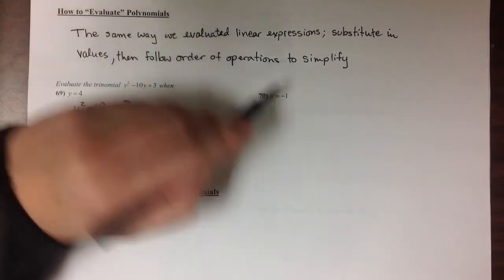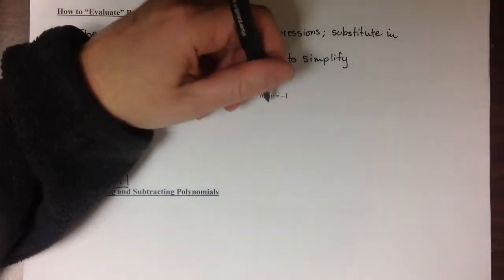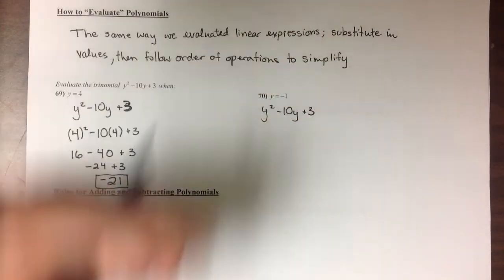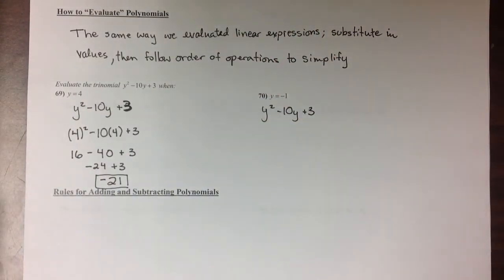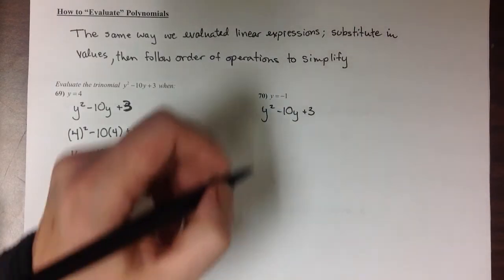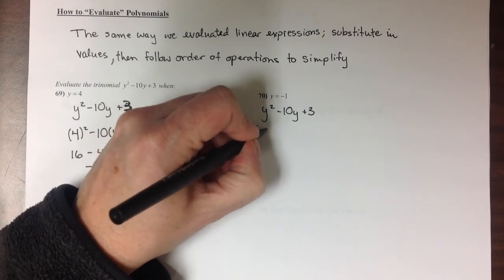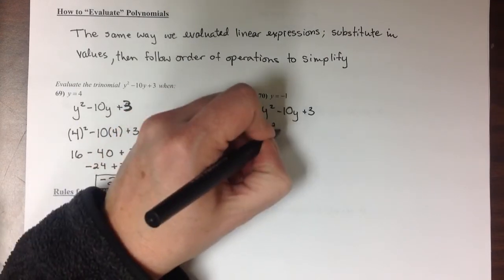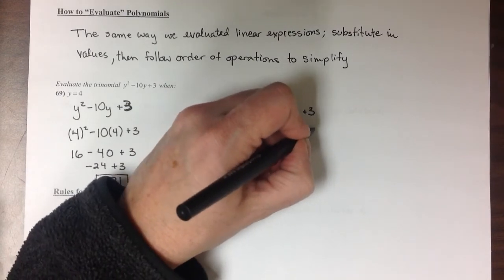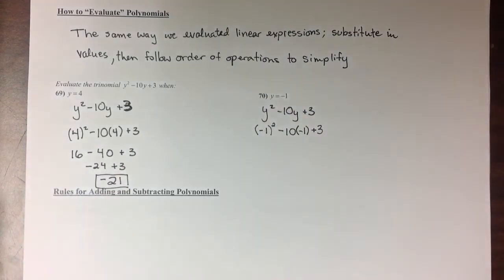Doing the same thing when y is equal to a negative 1, I have y squared minus 10y plus 3 again, but in place of the y, I'm going to put the integer negative 1. So it becomes negative 1 squared minus 10 times negative 1 plus 3.